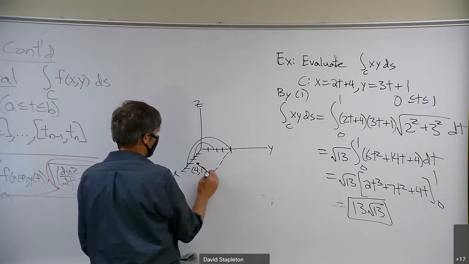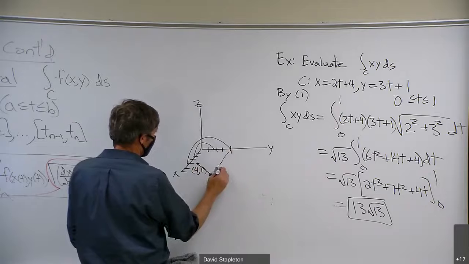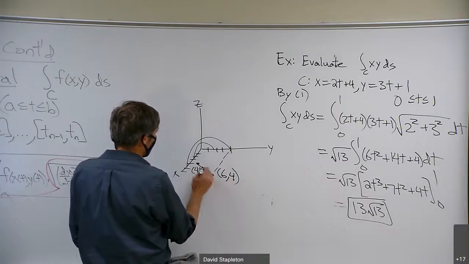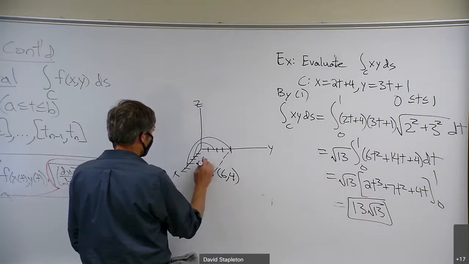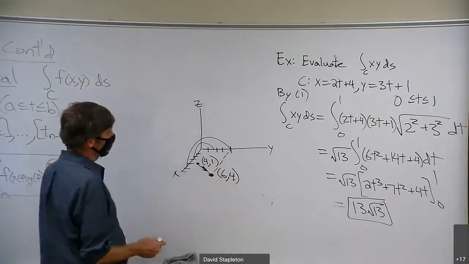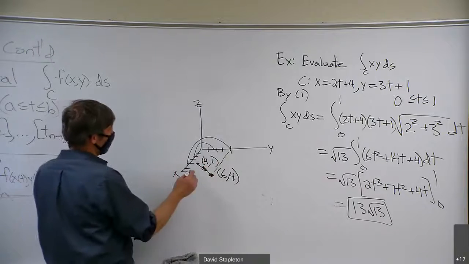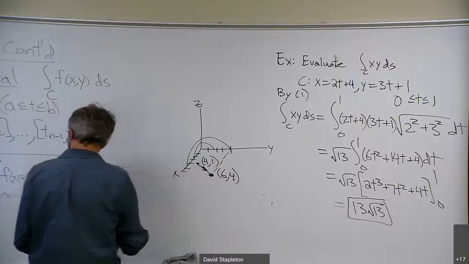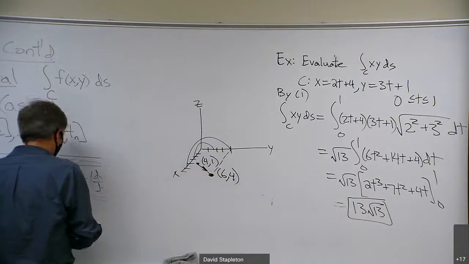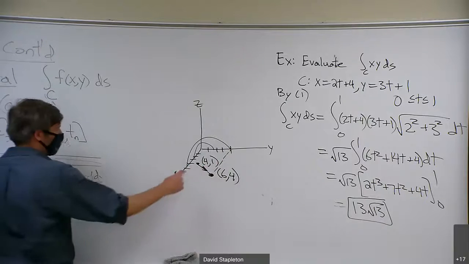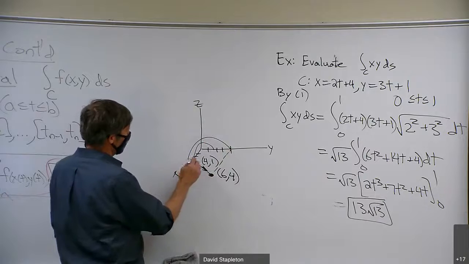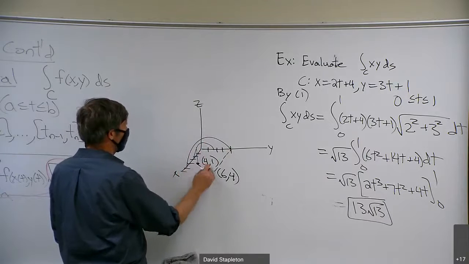So the curve is actually this straight line segment from (4, 1) to (6, 4), and since it goes from here to here, we'll put an arrow showing the way it moves. But we're finding the area of the curtain, if you like, hanging down from the surface z equals xy to this line segment.